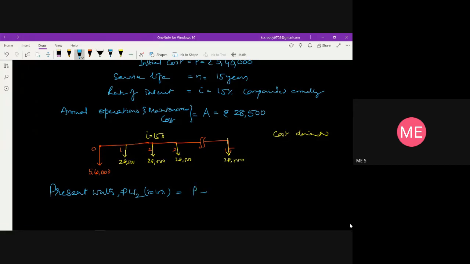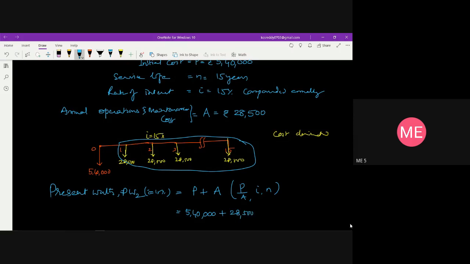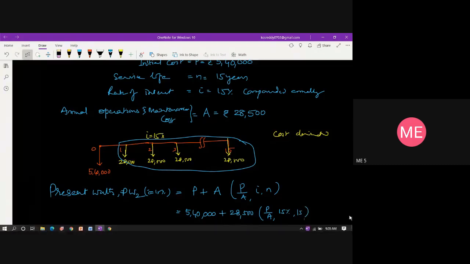So P equals the initial cost plus, as this forms a uniform series of payments, A into P by A comma i comma n. Substituting, rupees 5,40,000 is the initial cost, then the annuity is 28,500, P by A at i of 15%, and the service life is also 15 years.